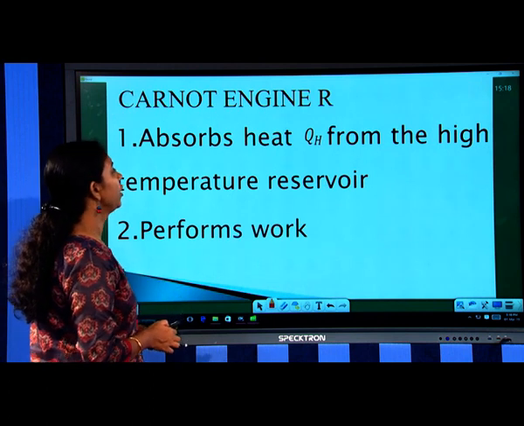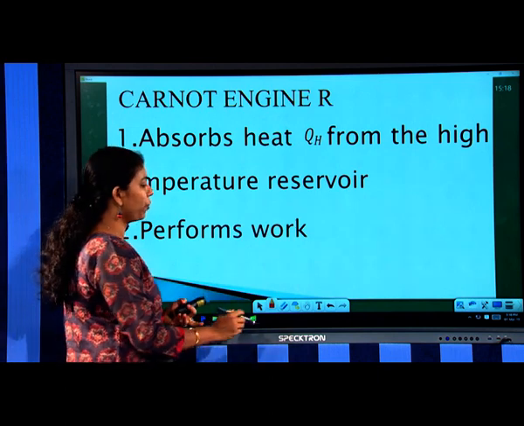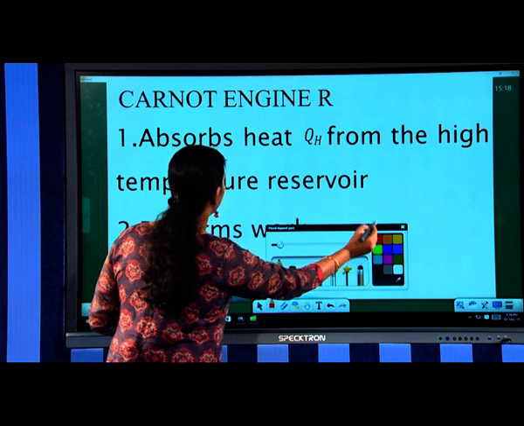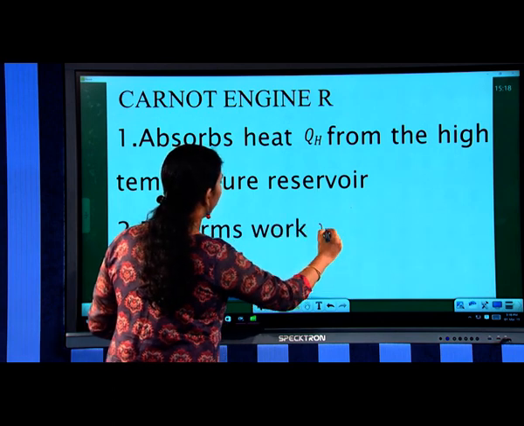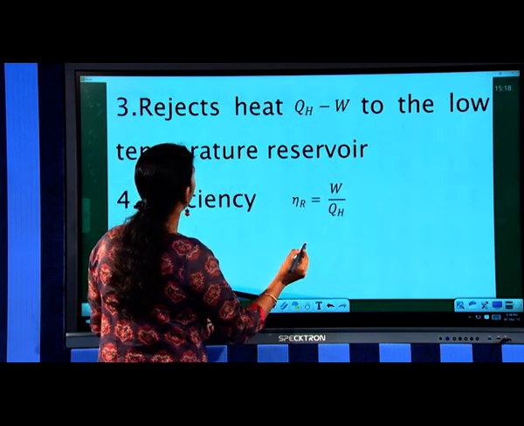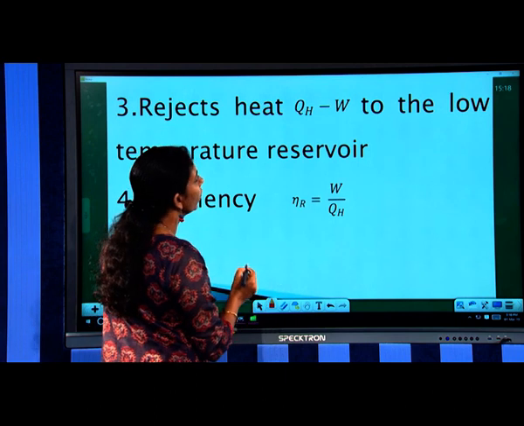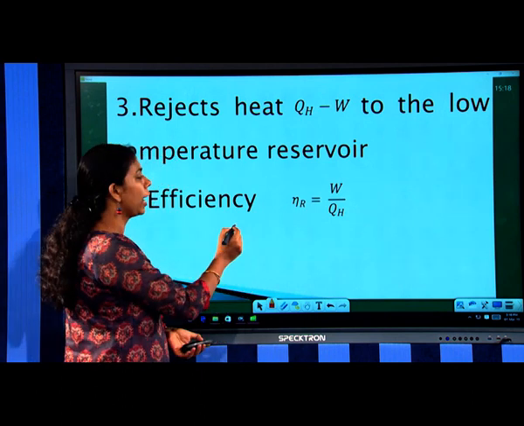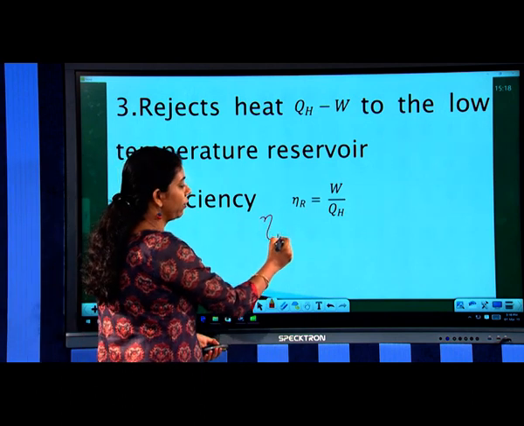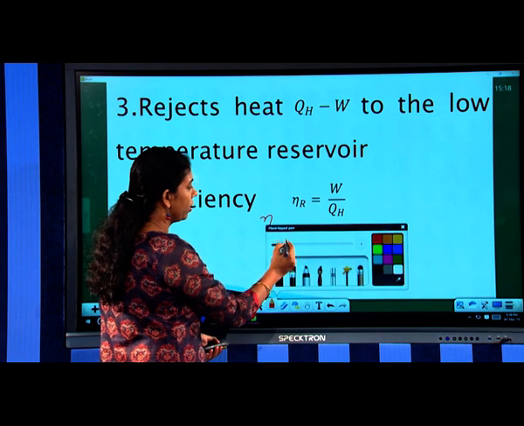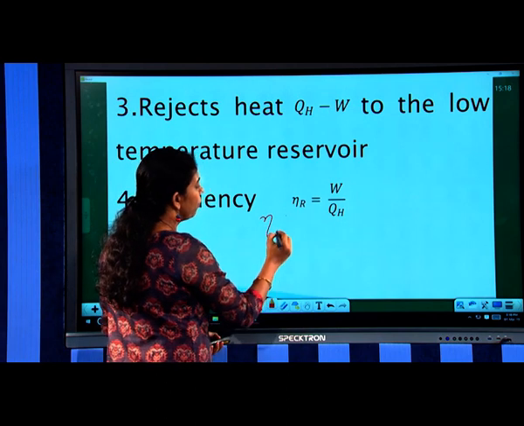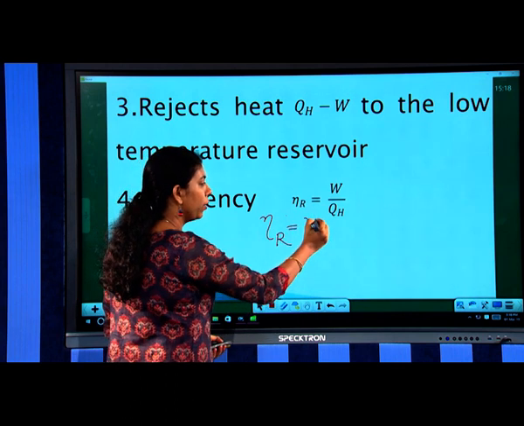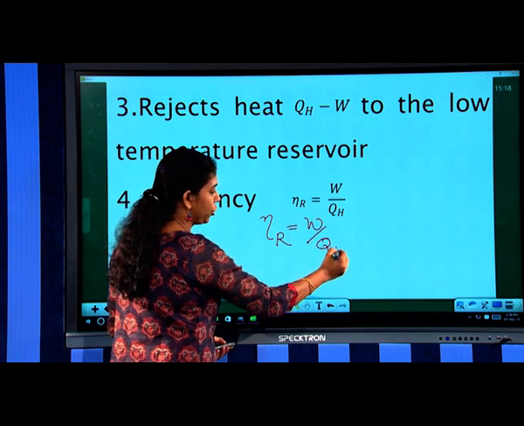This Carnot engine absorbs heat QH from the high temperature reservoir, then performs work W, then it rejects heat QH minus W to the low temperature reservoir. The efficiency of the Carnot engine is given as eta R is equal to W divided by QH.